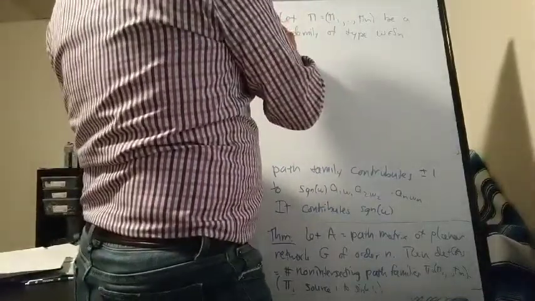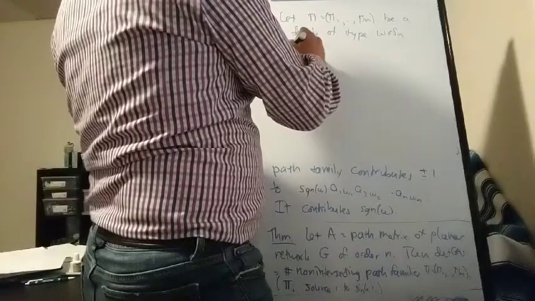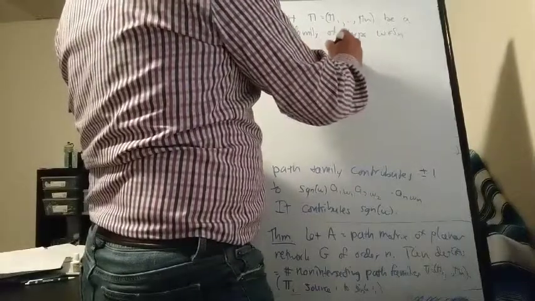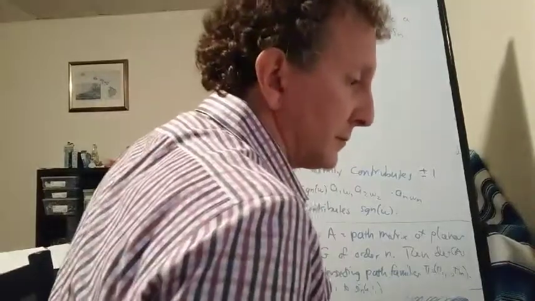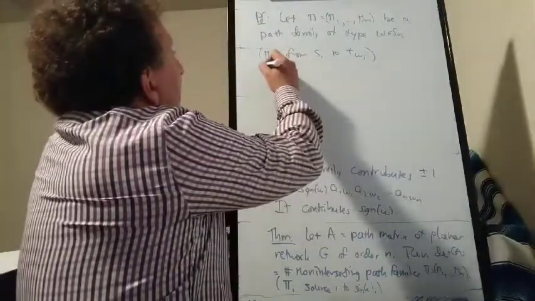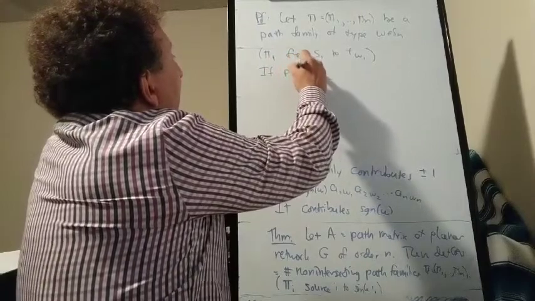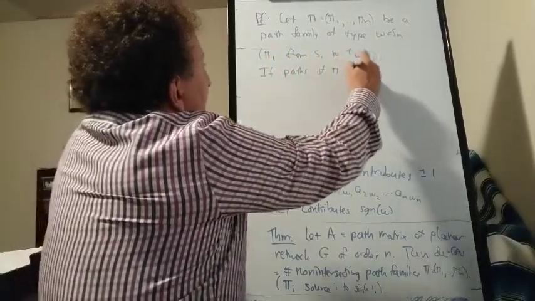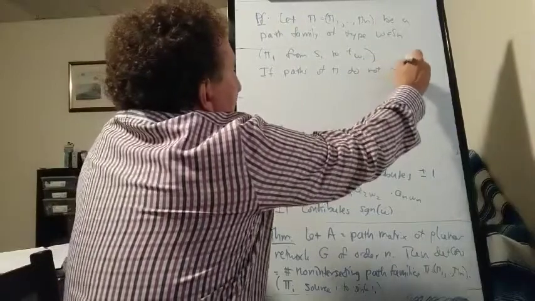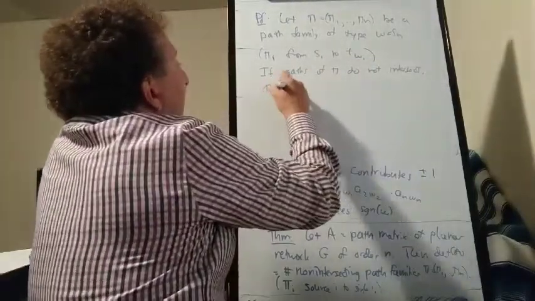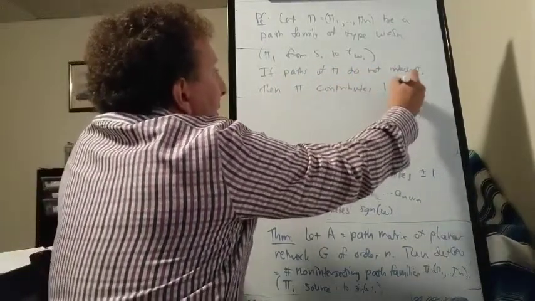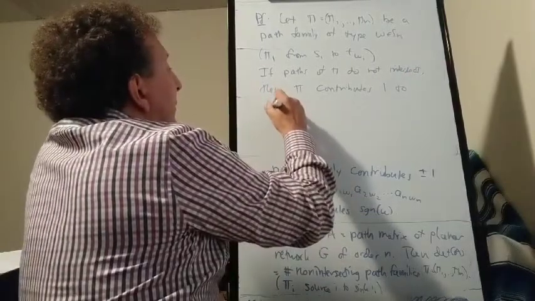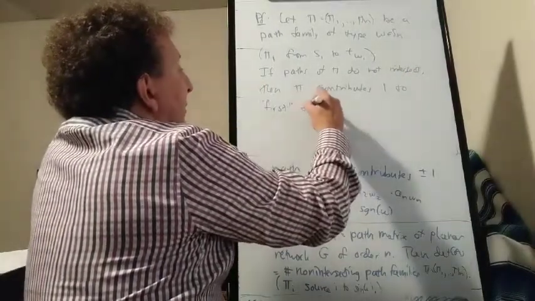That is, pi i goes from source i to sink wi. So if the paths of pi do not intersect, then pi contributes 1 to the first term of the determinant.